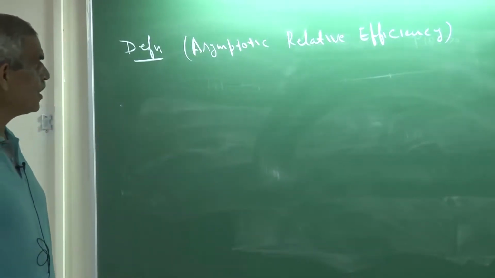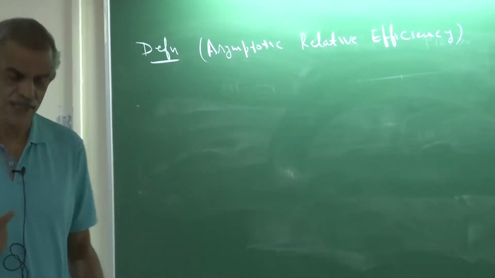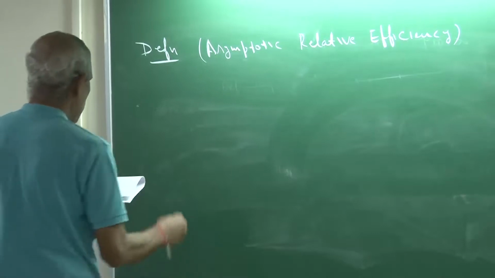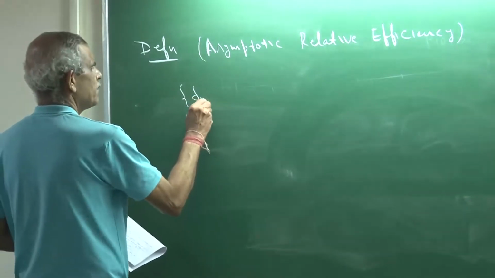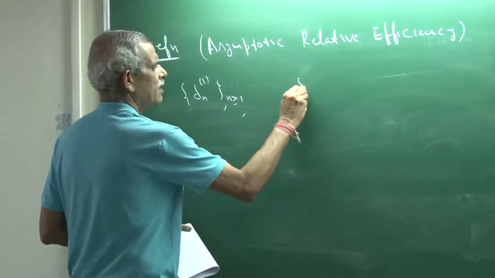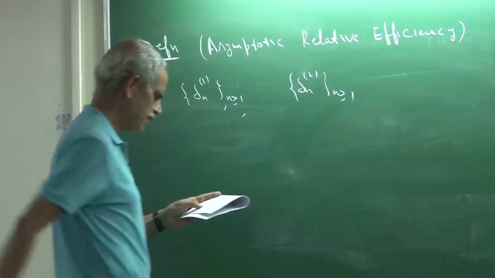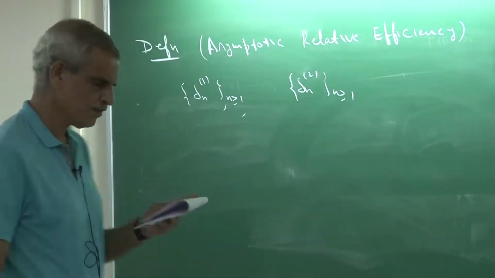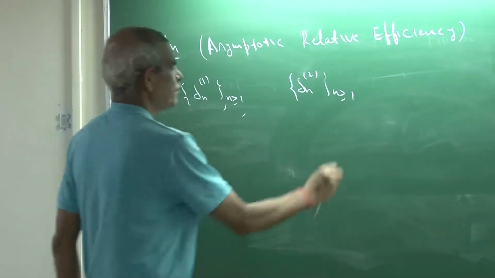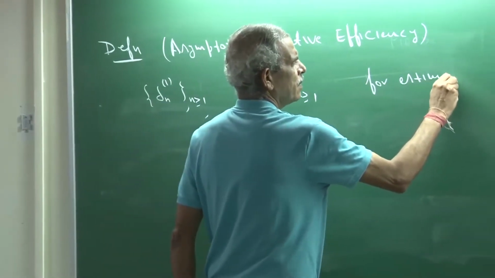When we talk about asymptotic relative efficiency, it is about efficiency in terms of asymptotic distribution. So what you have is estimators delta n1 and delta n2, two sequences of estimators for estimating g theta.